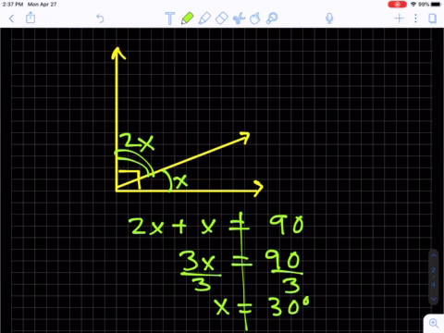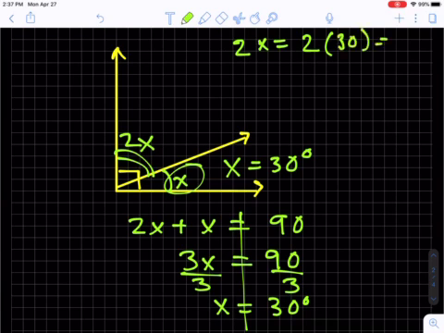So in order to finish my answer, I know that x is 30 degrees. And if I want to figure out what 2x is, well, 2x is equal to 2 times x, and x in this case is 30. So that would give me 60. So this angle is 60 degrees.